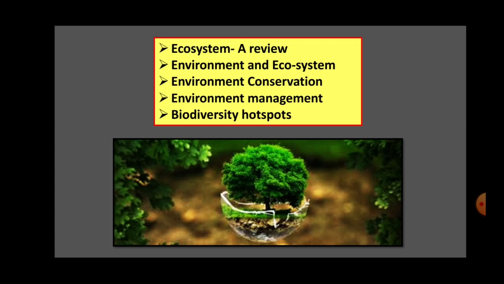Environment conservation, what it is and why it is necessary. Next we have environment management, how we need to manage the environment, which is one of our social responsibility. And last is biodiversity hotspots, along with the environmental conservation once again. Okay, so let's proceed.